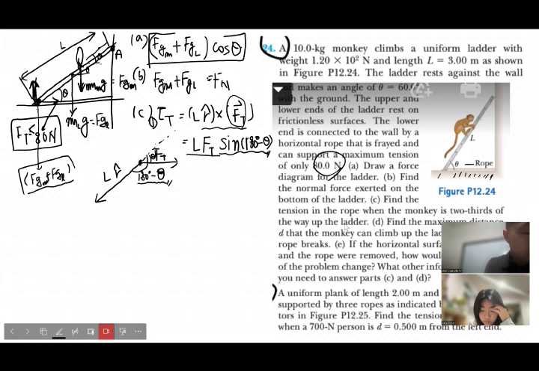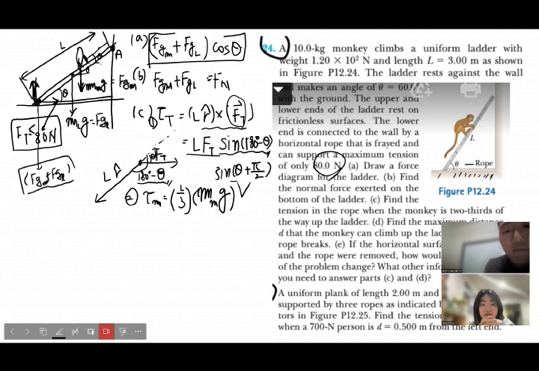So that is the torque from the tension. And that's number one. Number two, we also have to estimate the torque from the monkey. That is L over 3, because the monkey is at 2/3 of the ladder, which is 1/3 from point A. So that is L over 3 times the weight of the monkey, m g, times sine of theta plus pi over 2, since gravity is downward.